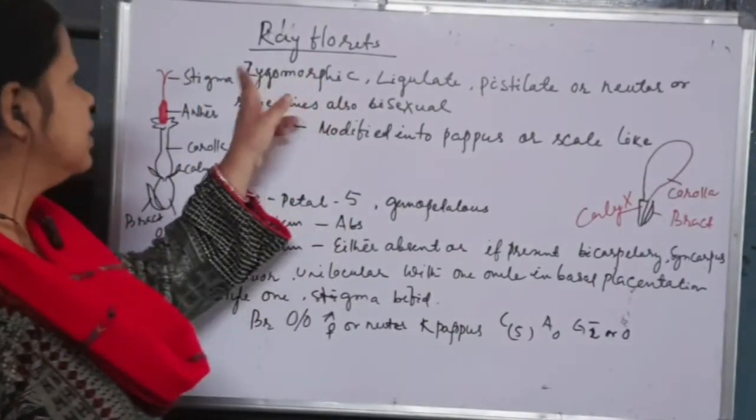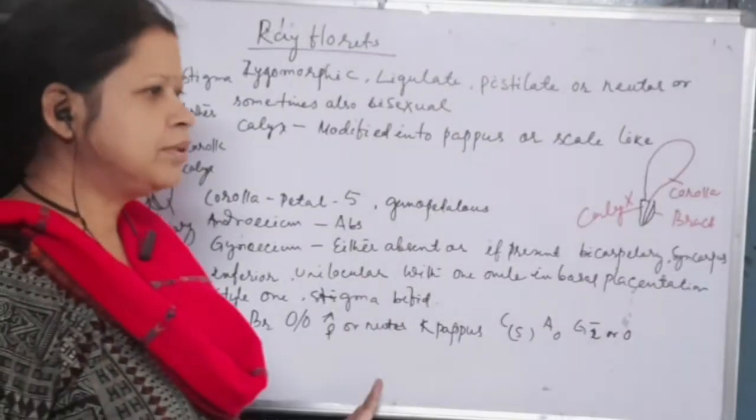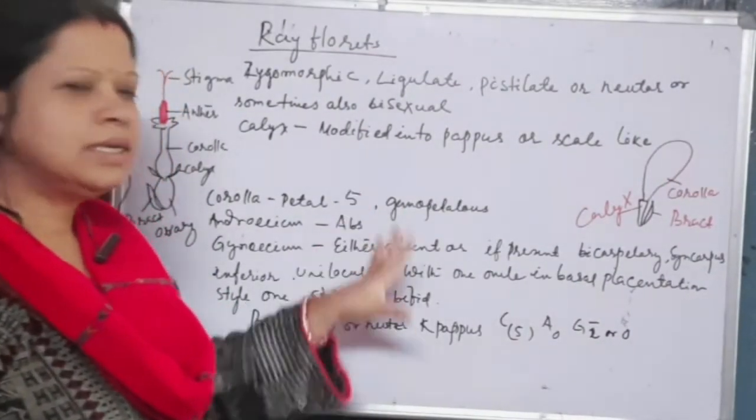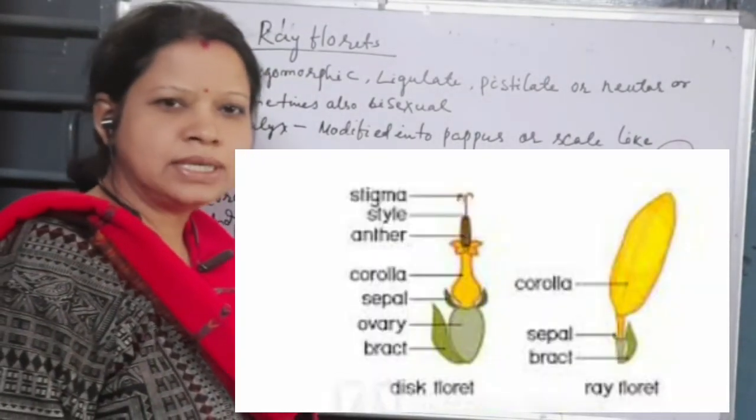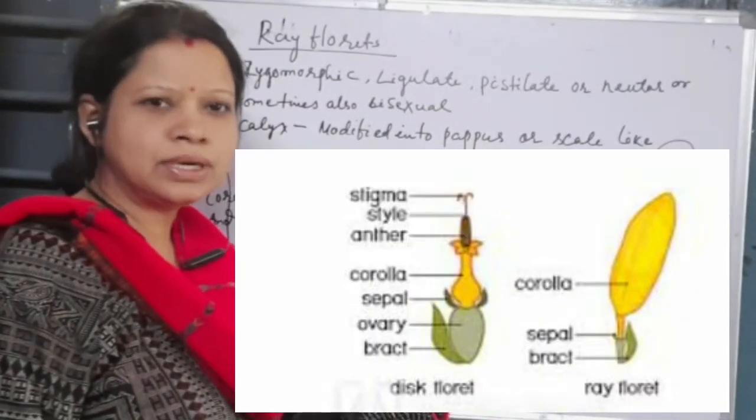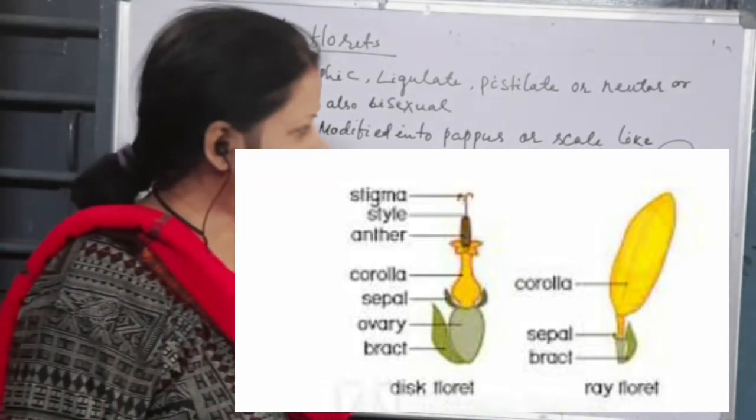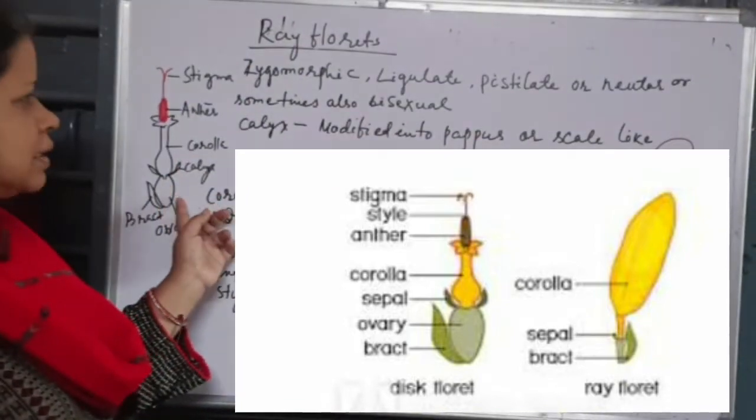Then we come to ray floret and disc floret. As we know, in an inflorescence, or head or capitulum, two different types of florets are present: ray floret and disc floret. This is a ray floret and this is a disc floret.